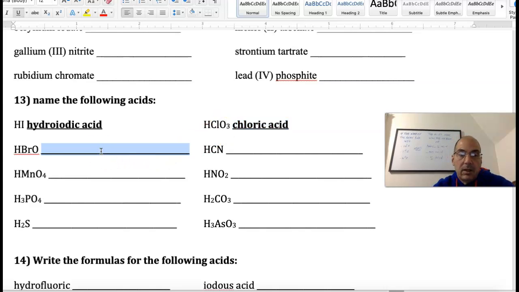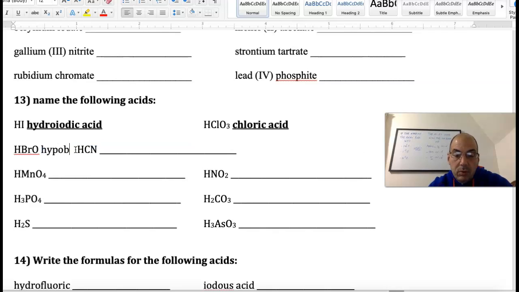BrO, we're focusing on here. That is called hypobromite. Ite becomes ous. So I just take the rest of that name and say it's hypobromous acid.